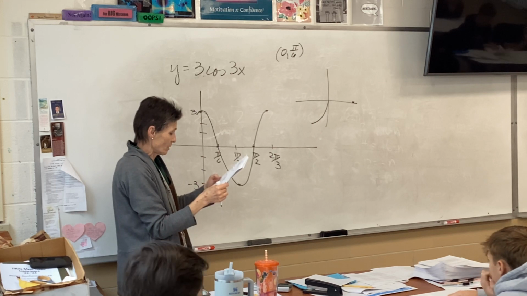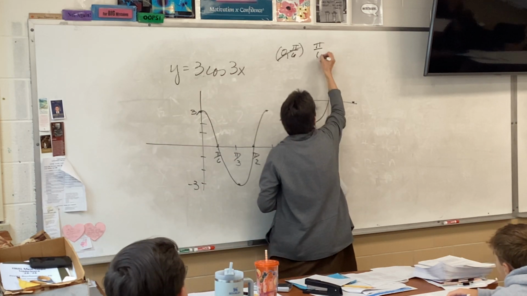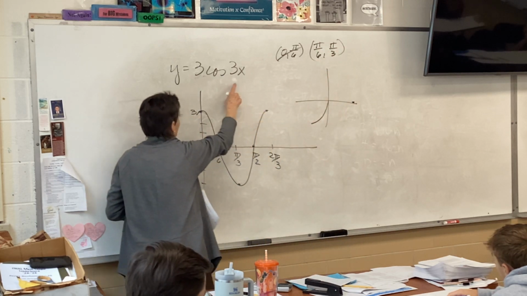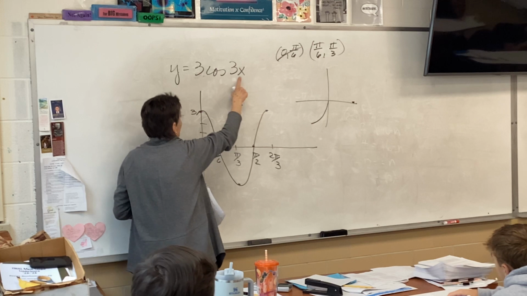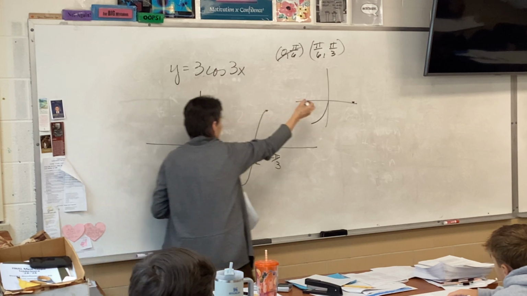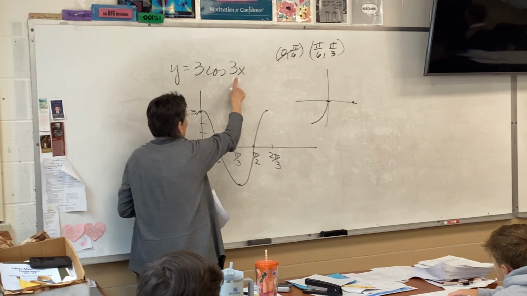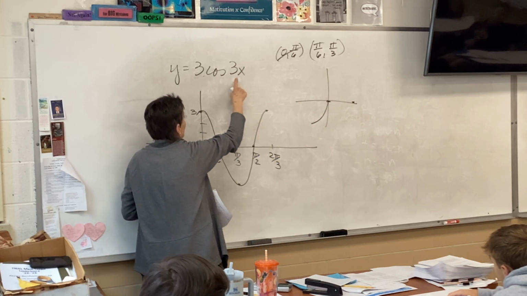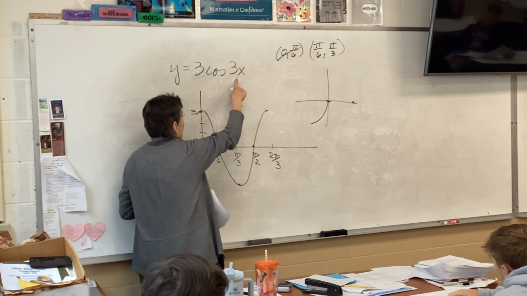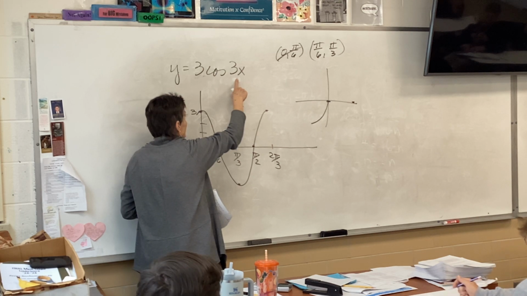Okay, my next one is pi over 6 to pi over 3. Okay, if I put pi over 6 in, pi over 6 would give me 0. Okay, that could work. What if I put in pi over 3? If I put in pi over 3, I would get pi, and that would be negative 3.